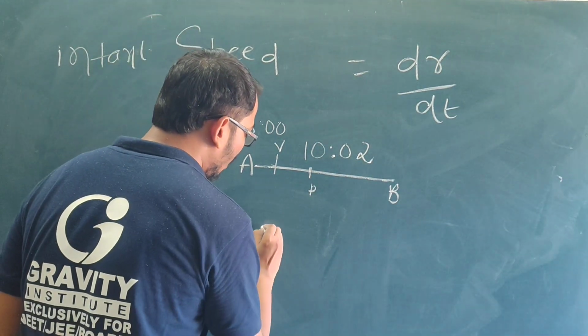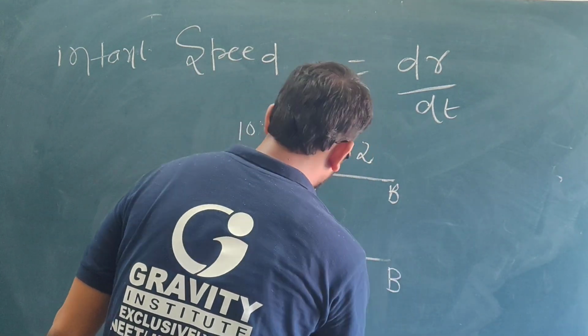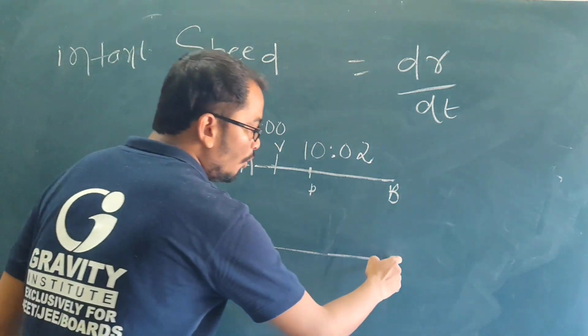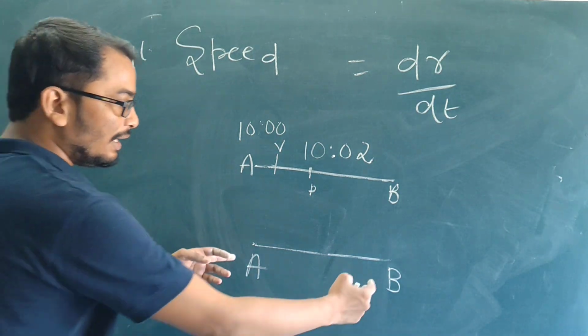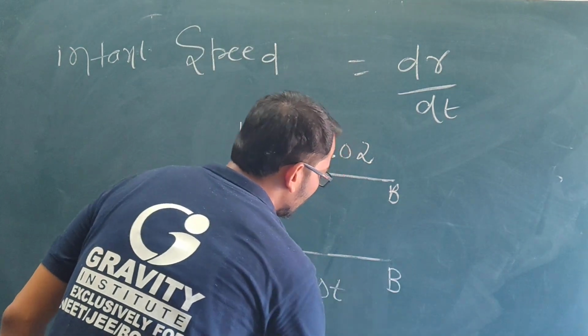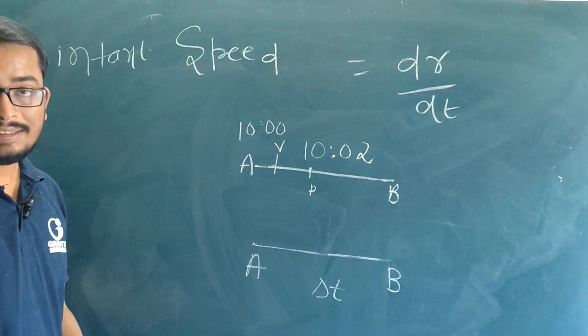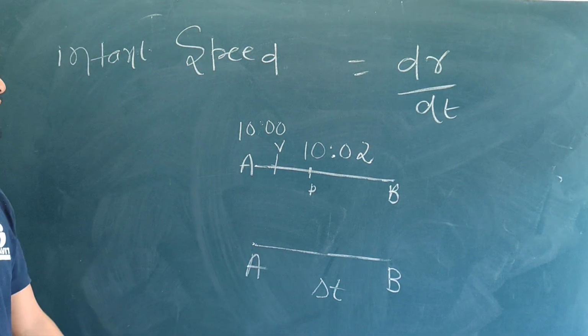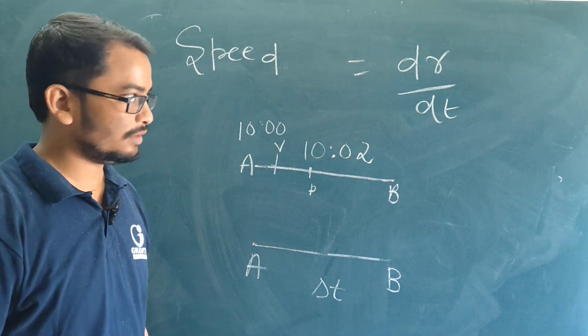But if I talk about the velocity from A to B, it will be average velocity, because I am taking a large time interval. This is a large time interval and this is a small time interval. That's why this velocity is instantaneous velocity and this velocity is average velocity.